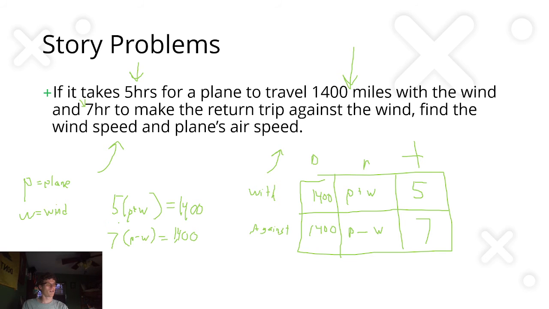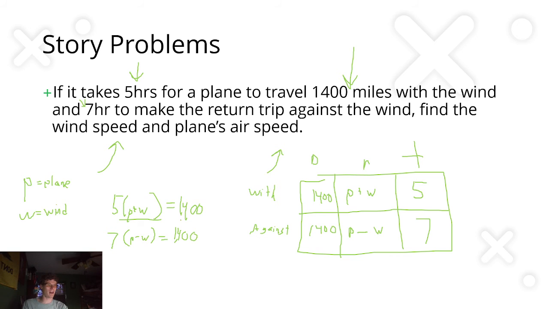So from here, you end up distributing the 5 and the 7 into each equation, and then the best way to solve this would be via elimination, all right? Because you can divide both sides by 5 and divide both sides by 7 for your two equations to make this easier for you.